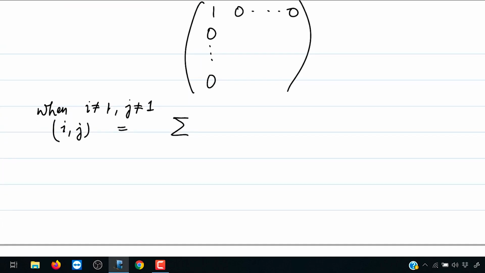So this will give you the sum of E prime (i minus 1),k times D prime k,(j minus 1), which is just the entry B(i minus 1),(j minus 1).